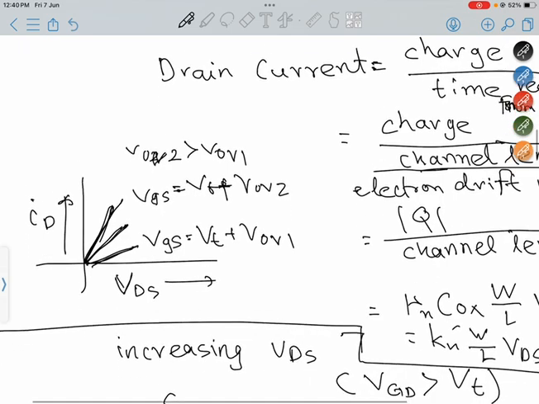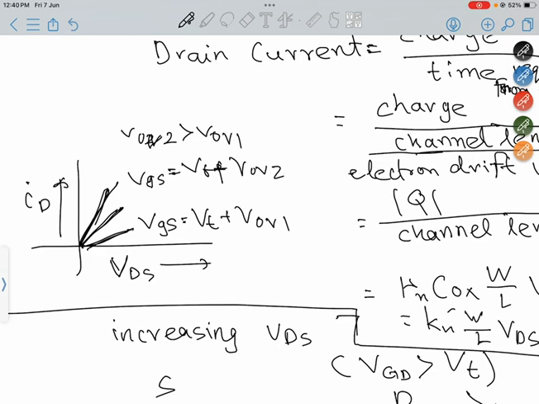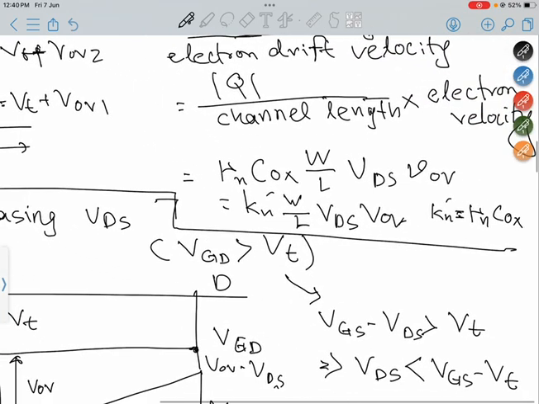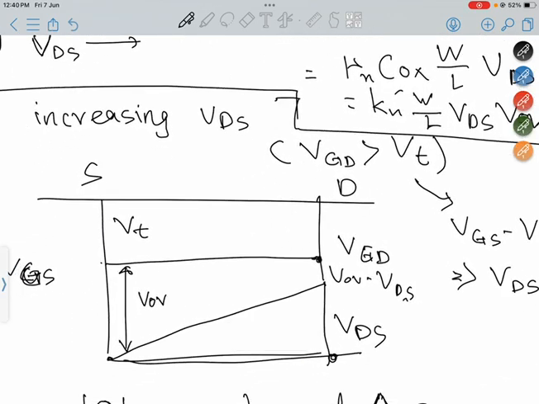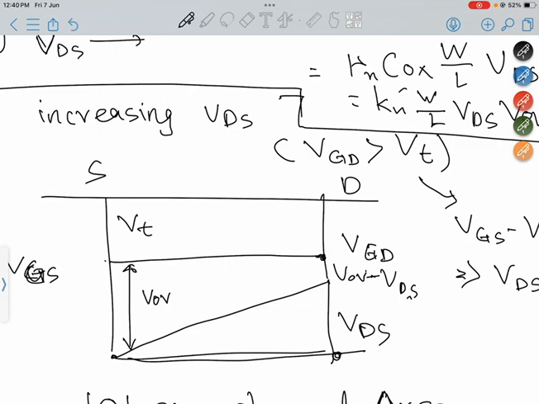Now we increase VDS more, but we keep in mind that VGD must be greater than VT, or VGS minus VDS must be greater than VT, or VDS must be less than VGS minus VT, which is the overdrive voltage. So what is the picture now? The channel on the source side will be operational when VGS is greater than VT, but the channel on the drain side will be operational when VGD is greater than VT.